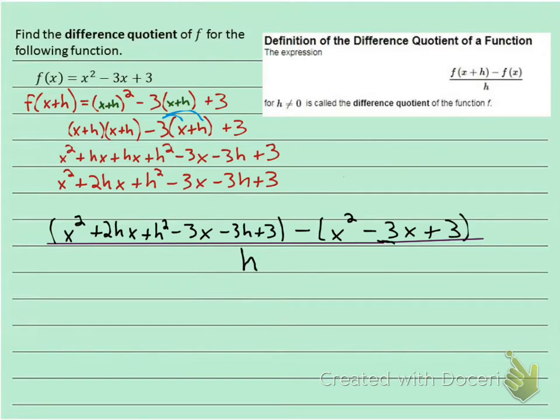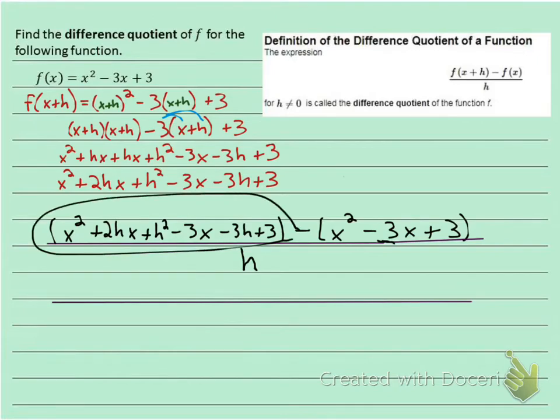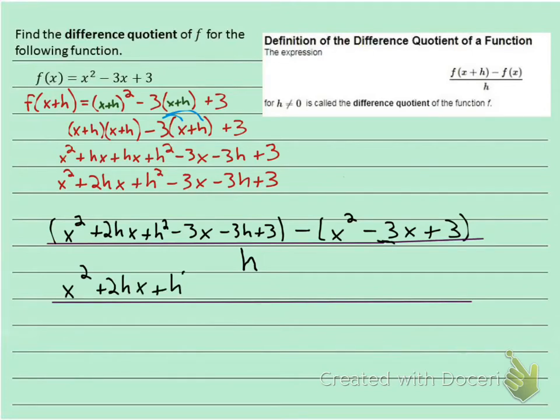Now, we're going to combine the numerator. Everything in these parentheses can come right out because I don't have any number out in front. Like I don't have a 5 multiplying in, or I don't have a -1 or anything like that. So this is just going to come out of the parentheses, x squared plus 2hx plus h squared minus 3x minus 3h plus 3.